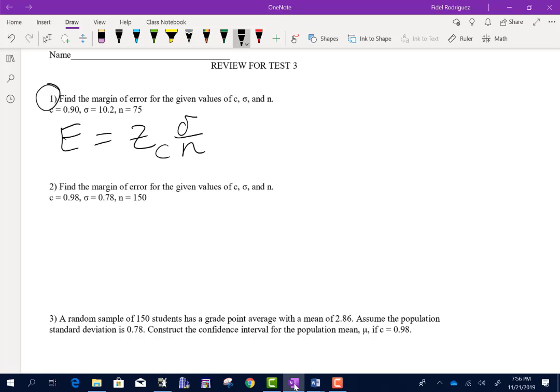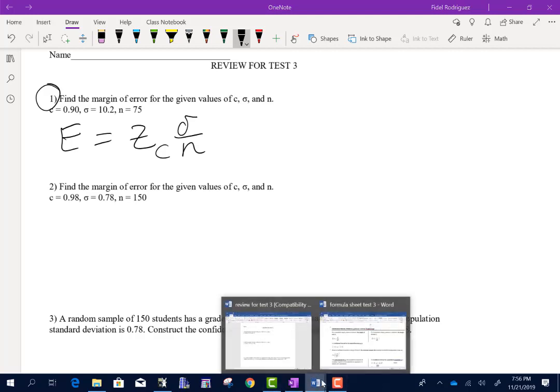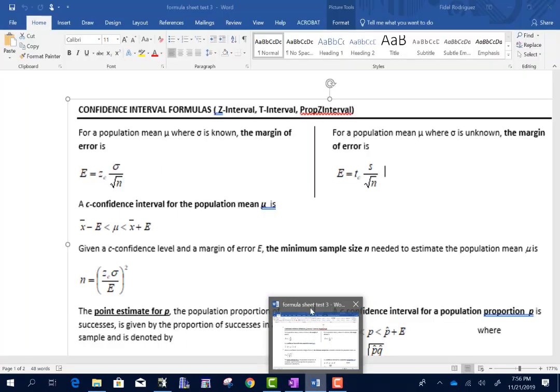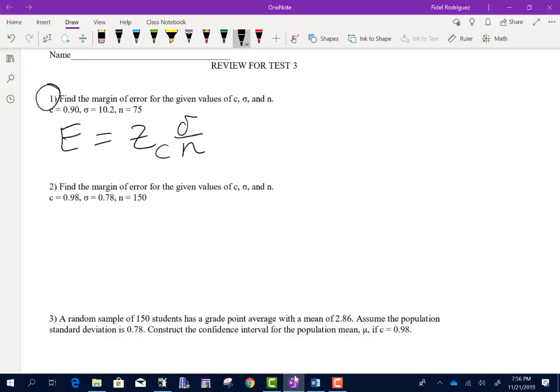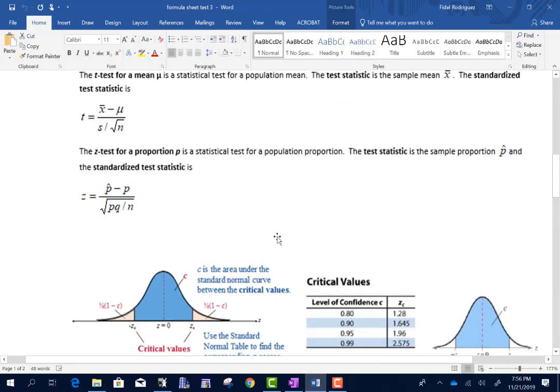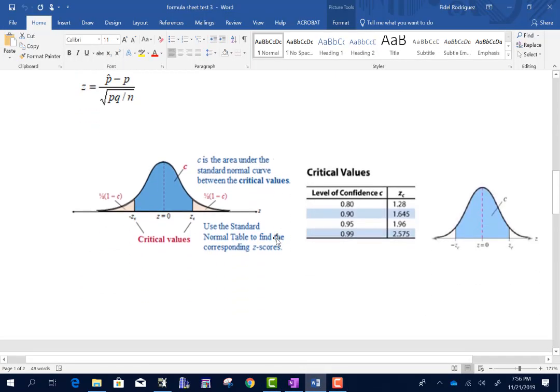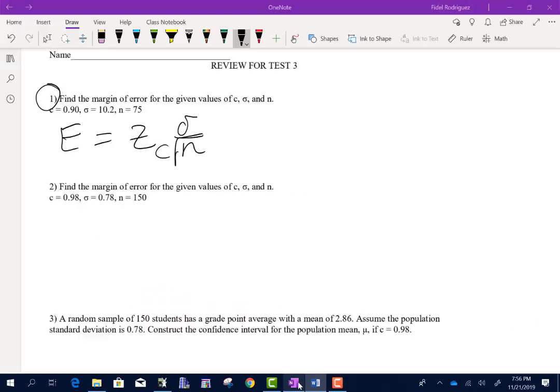So we're going to find our ZC. So guys, on that same formula sheet that I gave you, if you look at the bottom, do we have one when, let's see, what was our C value here? What was our C? C is 90%?